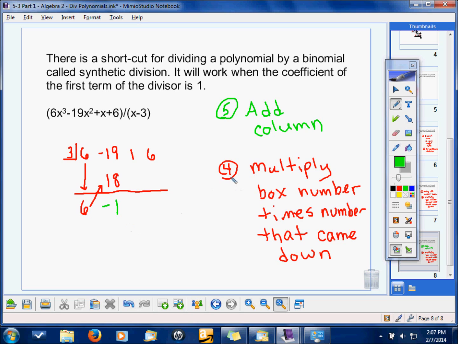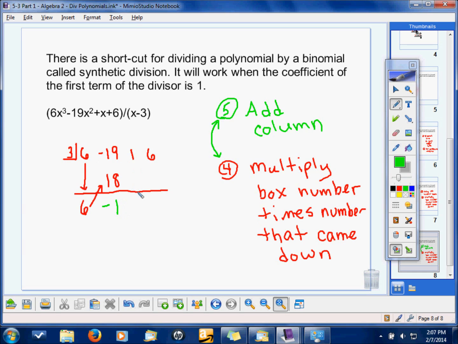Okay, so in your notes, what you can do is maybe make an arrow that goes back to step 4. Because you're just going to keep on repeating between step 4 and 5. You're going to multiply the box number times the number that came down. Okay?